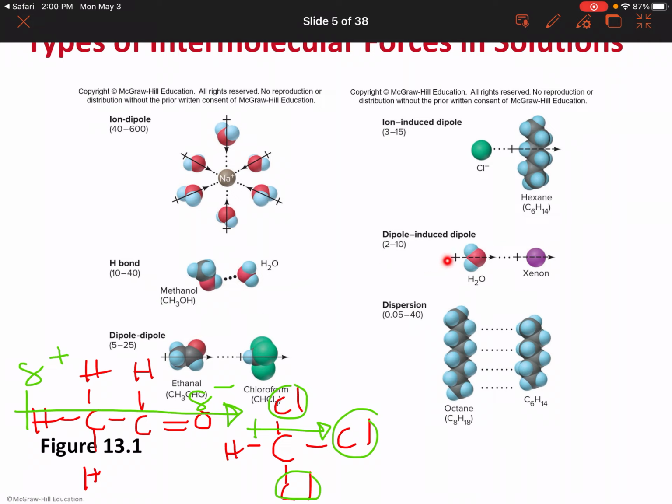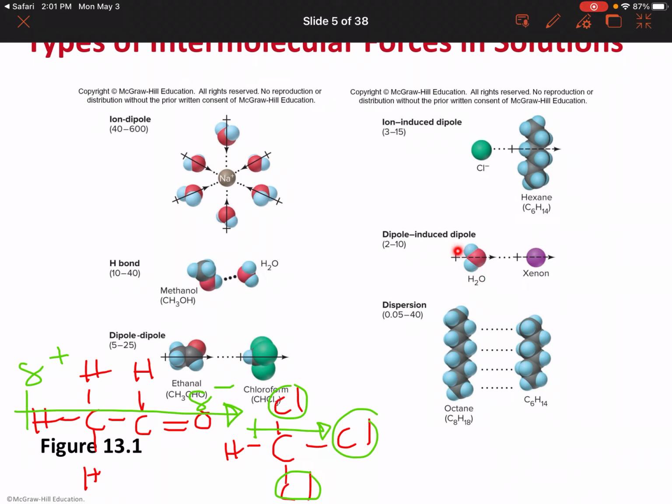Another one would be dipole and induced dipole interaction. Now xenon is a noble gas. It doesn't have any charge distribution in it. It's just a xenon molecule. And then a water molecule comes closer. Water molecule has a dipole, due to the oxygen being electronegative and the hydrogen end being electropositive.